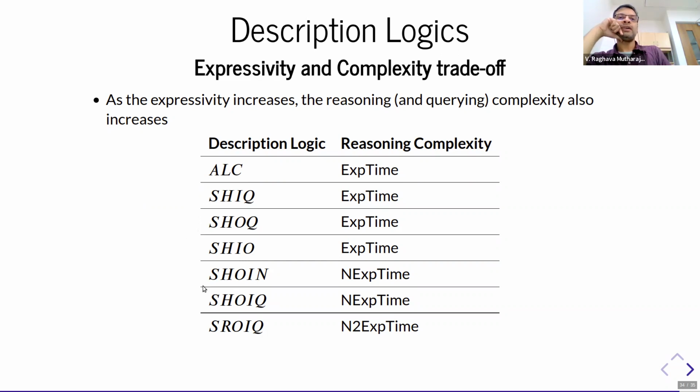As you can probably guess, this is the most expressive of all, because it has everything that we discussed so far: transitivity, role hierarchies, nominals, I is inverse role, and Q is the qualified cardinality. Any question on this one?